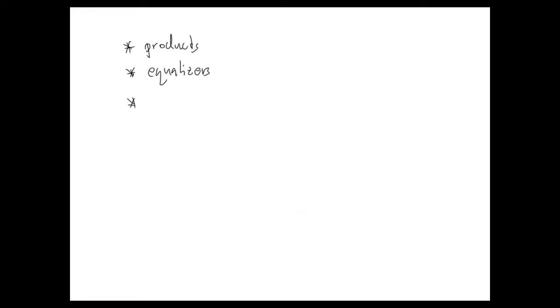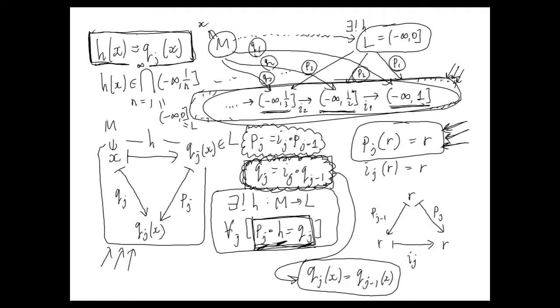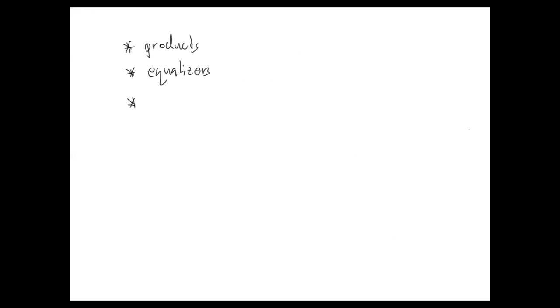By the way, the very first limit we considered, this one here, that's usually called, I think, a directed limit, although directed limit could be a bit more general as well. But I'm not going to mention that now because we only consider it in the special case. And so then we had pullbacks.